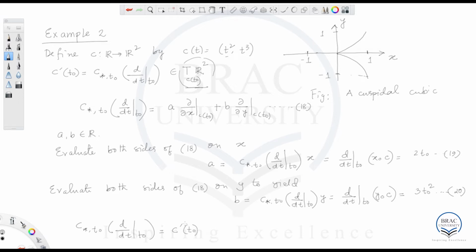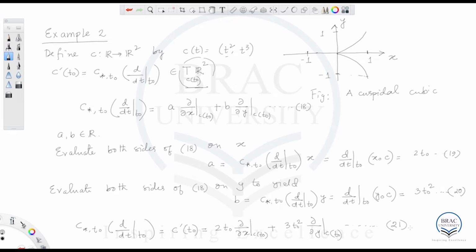C prime at t0 is equal to 2t0 del by del x at C of t0 plus 3t0 squared del by del y at C of t0. Okay, this is equation number 21.